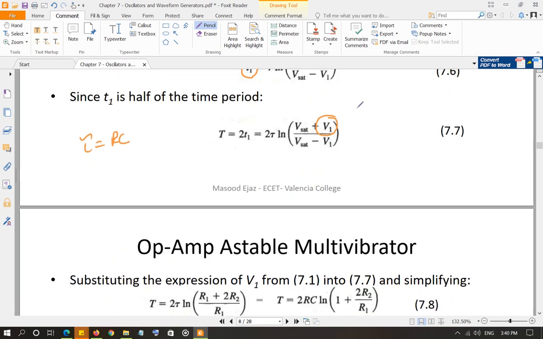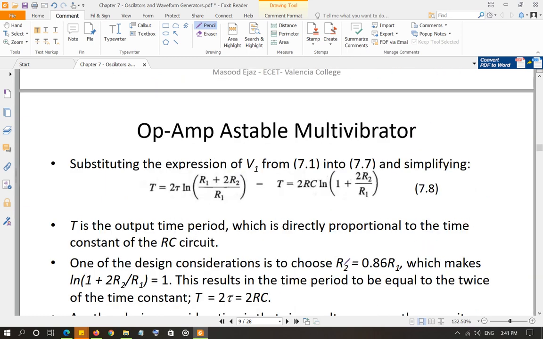So we change the value of V1 to Vset times R2 over R1 plus R2, and then we simplify it, and this is the result that you are going to get, which is in front of you right here. So when you're designing this type of circuit, generally we choose R2 to be 0.86 times R1, and when we do that, the natural log of this quantity becomes 1.